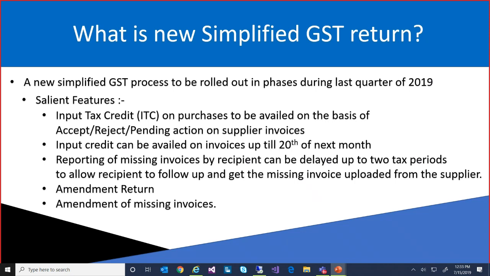Then the government is also introducing an amendment of the return process. If you have filed the return incorrectly, with some invoices incorrect or missing, you can make an amendment in the return, which is not available currently. Currently, if there is no liability, you need not file a nil return. But going forward, if there is no input credit and no liability, even then you have to file the nil return.